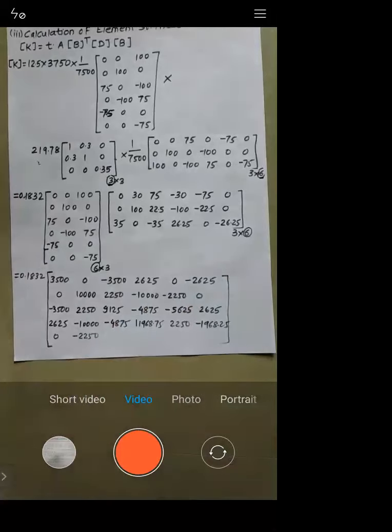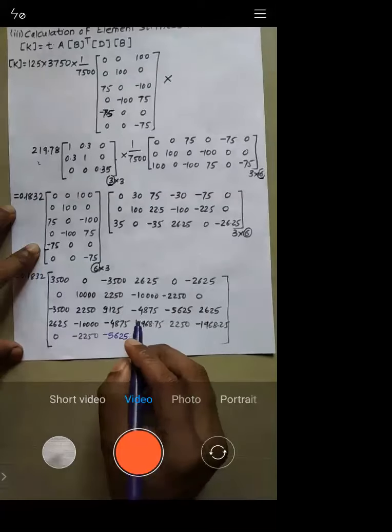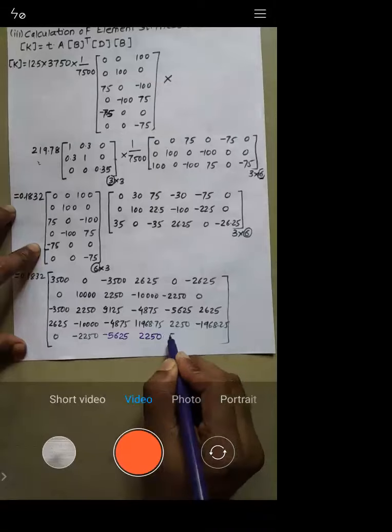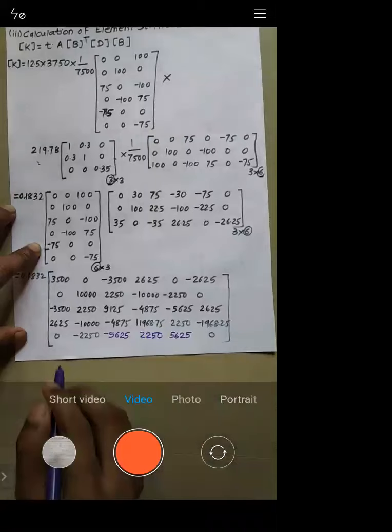Then we have here minus 2250, then minus 5625, minus 5625. Then this is 2250, this is 2250, then 5625, 5625, then this is 0, right?